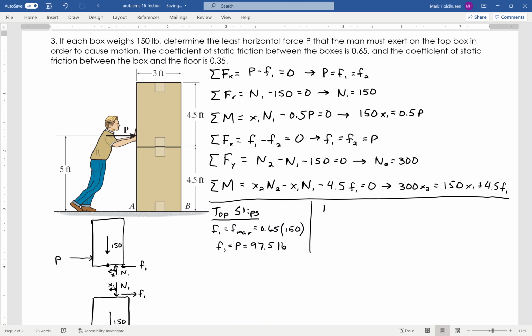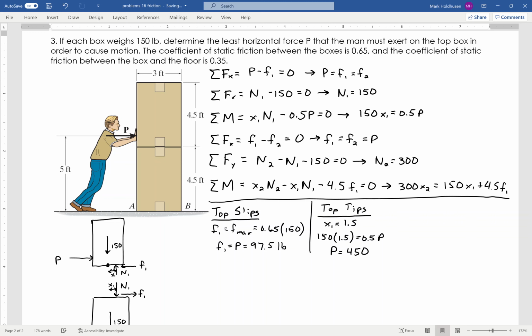Let's move on to the next situation where the top box tips. If the top tips, then X1 is going to be 1.5, basically, and moves all the way over to the edge. If that's the case, then I can plug it into 150 times 1.5 equals 0.5 times P. And from that, I learned that P equals 450.